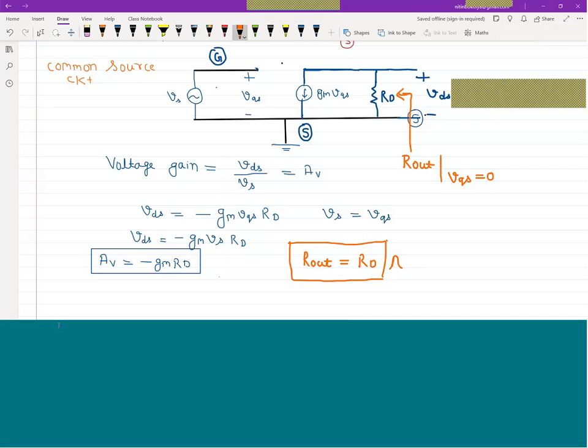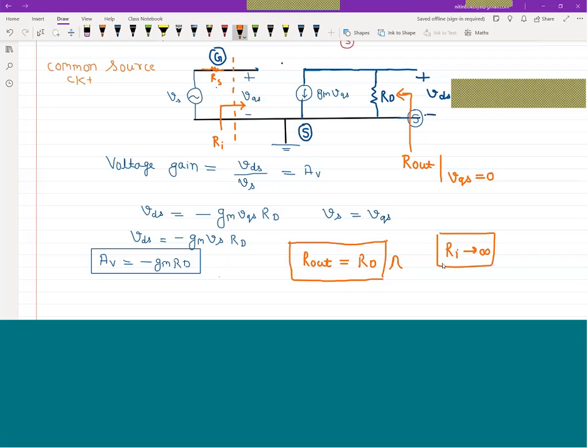Correct? Now we are interested in input resistance. Suppose you have one resistance here, RS, so we don't care about this. This resistance is known as Ri, and Ri is equivalent to infinite, which makes it suitable for voltage amplification purposes.